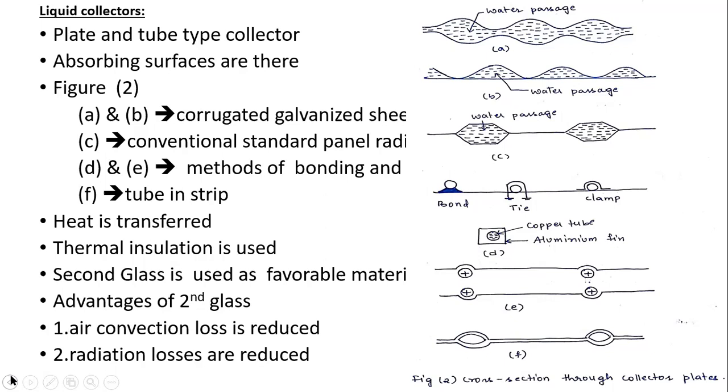These are good absorbers of radiation with wavelengths of 2 micrometers or below. All these radiations are absorbed by the black plate absorbers, but they are poor emitters for long wavelengths. This is the only drawback of black paint absorbers. A promising selective coating is called black chrome.